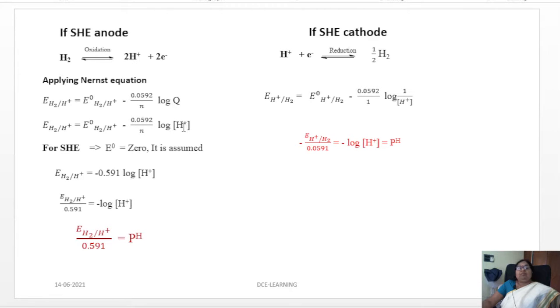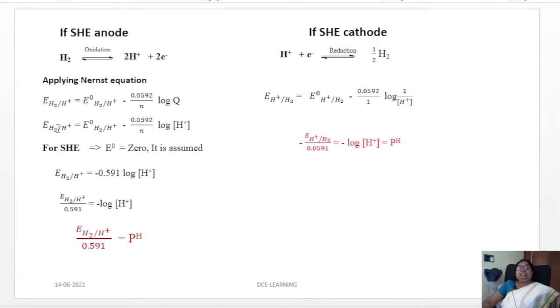We already knew in the previous sessions that if it undergoes oxidation and reduction, then for the overall cell it is log of the oxidized state over the reduced state. The potential of the SHE is arbitrarily assigned as 0 here.